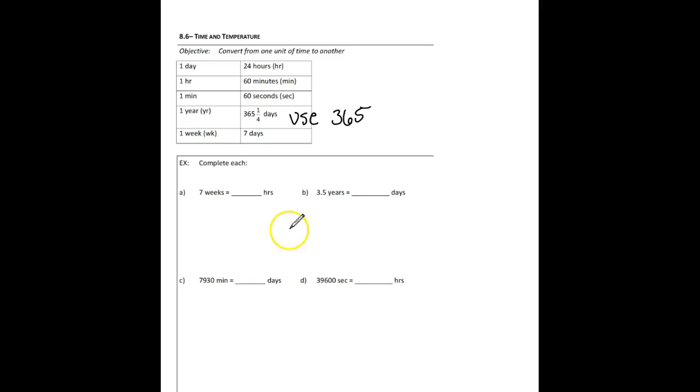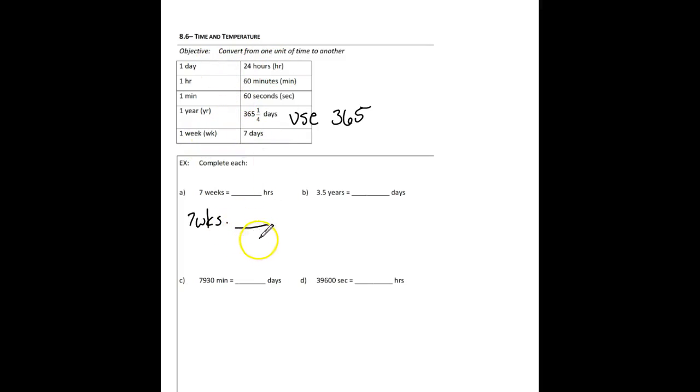Okay, so then we're going to do unit conversions just in the same way that we have previously. Let's first start with converting 7 weeks into hours. So we'll start with our 7 weeks. I don't have a conversion that takes us right from weeks to hours, but I can go from weeks to days and then from days to hours.